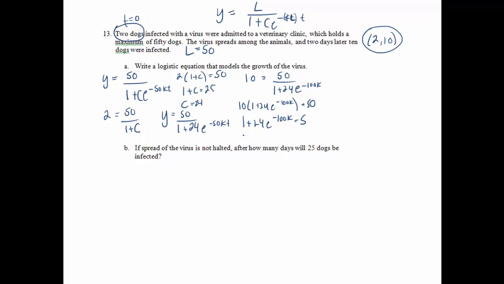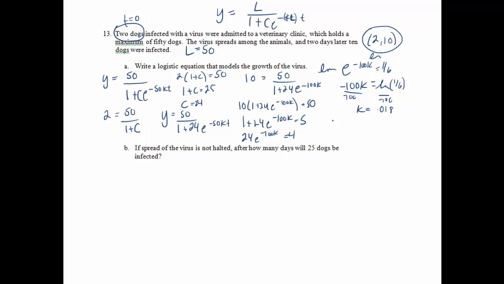I will next subtract 1, so 24e to the negative 100k equals 4. Now I'll divide by 24, and I get e to the negative 100k is equal to 1/6. I take the ln of both sides, and I get negative 100k equals ln of 1/6. Then I divide both sides by negative 100, and I get k is equal to 0.018.